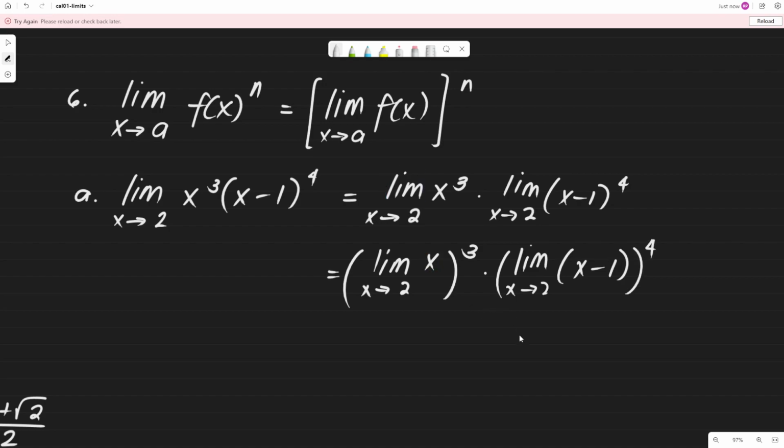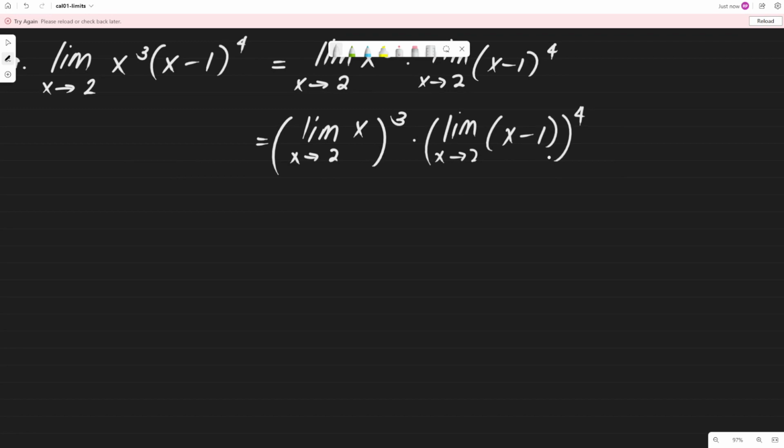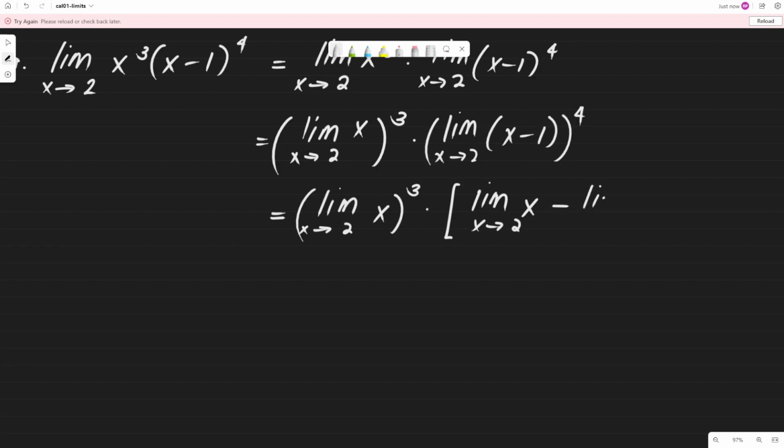This other side we can now distribute. We have the limit of x as x approaches 2, cube, times the limit of x as x approaches 2 minus the limit of 1 as x approaches 2, quantity to the fourth.